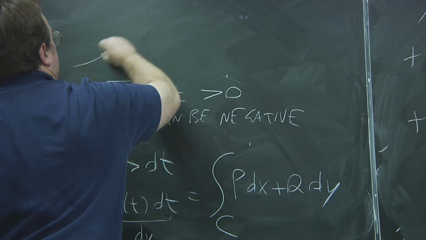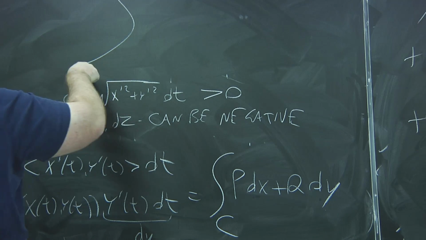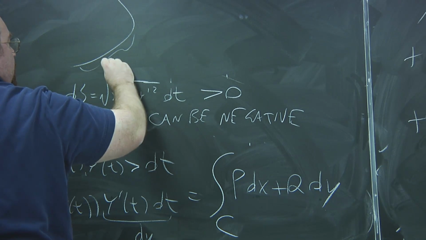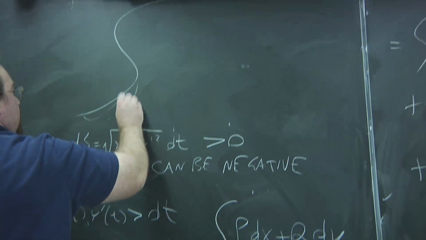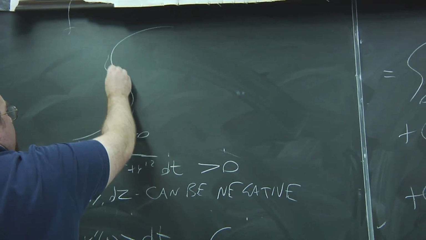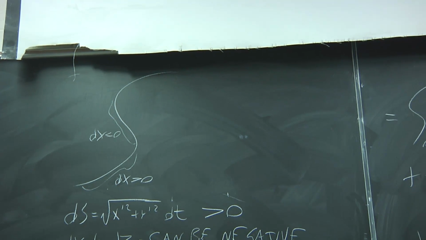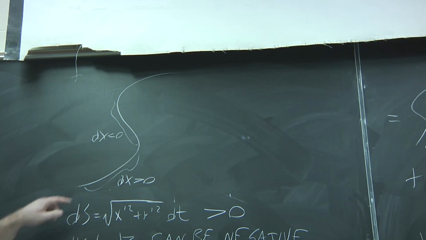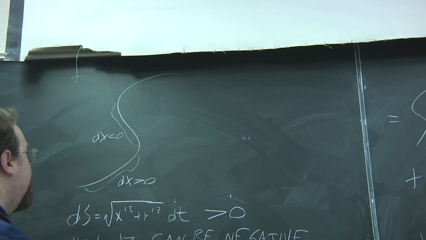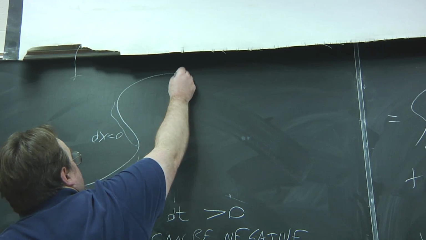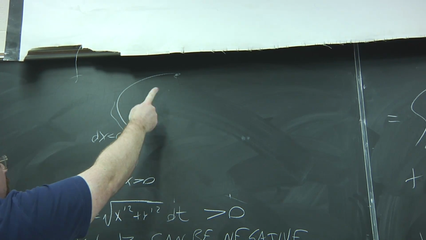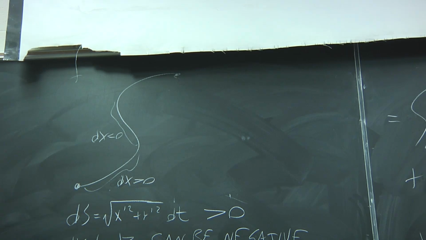If you have a curve like this, over here dx is positive. In this region, dx is negative. So you could integrate a function along this curve, going from this point to this point, but if you go backwards along the curve, integrating the same function over the same curve but tracing it in the opposite direction, that negates the integral.